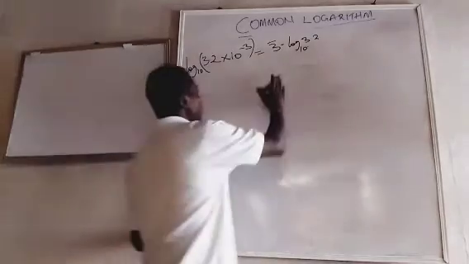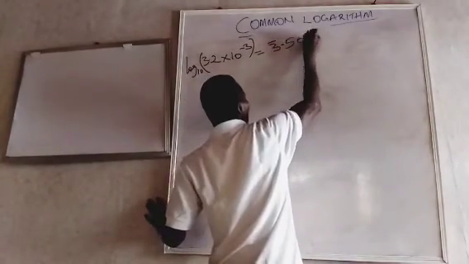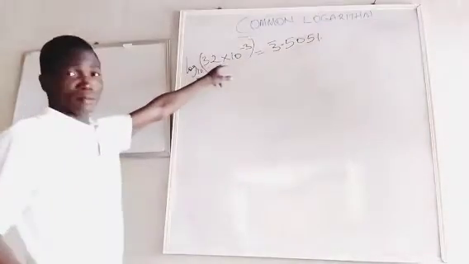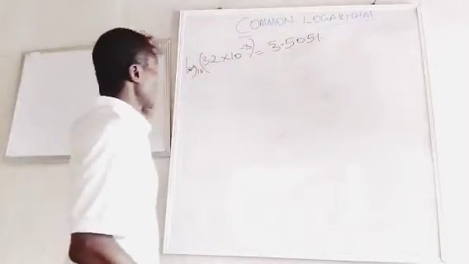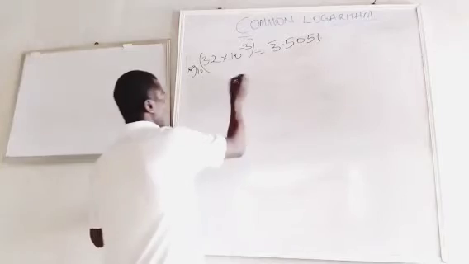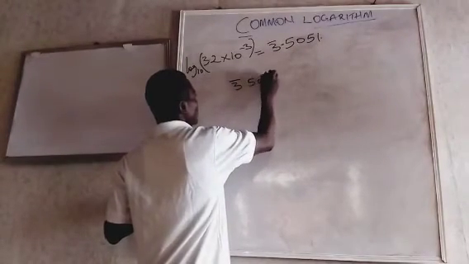It is 0.5051. So this one is going to be bar 3.5051. You can see log of 3.2 times 10 to the minus 3 is going to give us that. So if I want to divide this one by 2, let's see. I'm going to have bar 3.5051.